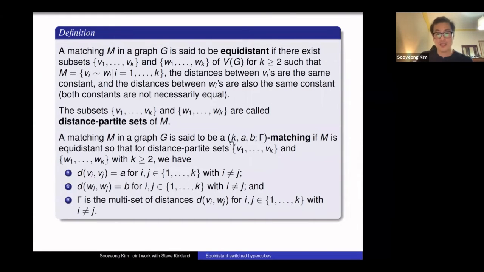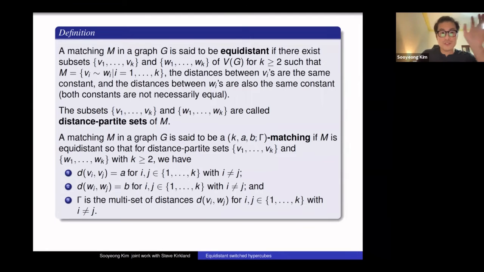K is the number of edges in the matching, A is the mutual distance between the Vi's, and B is the distance between the Wi's. Gamma is the multiset of distances between Vi and Wj, where i and j are in here and i and j are different.